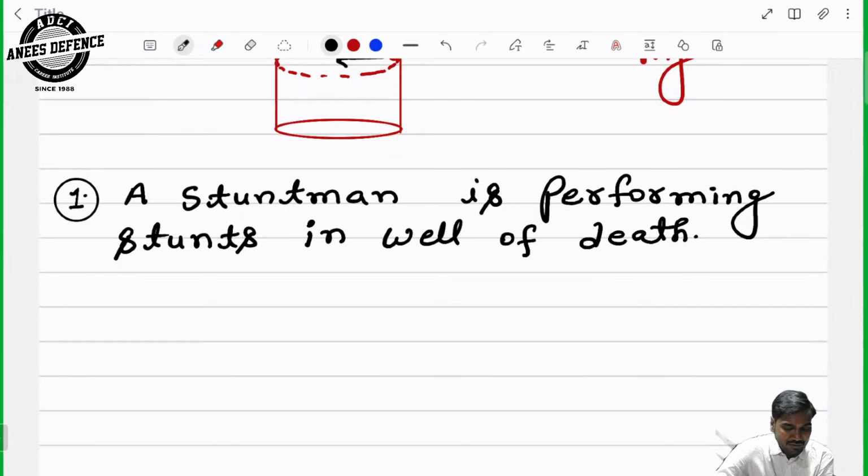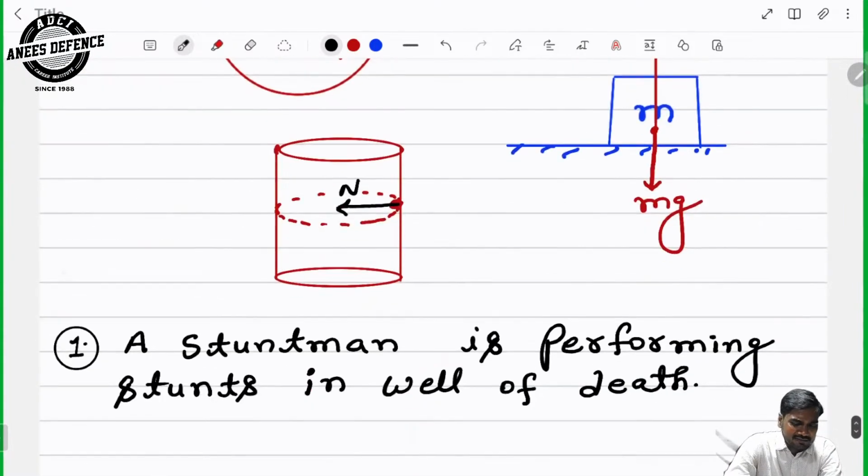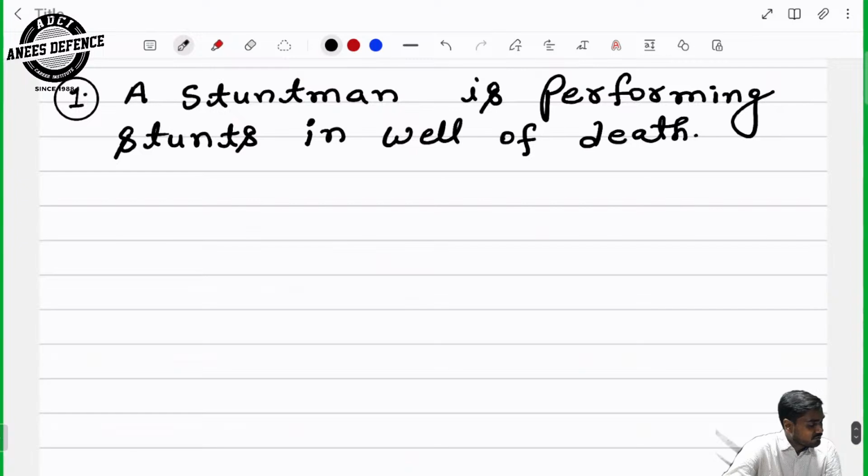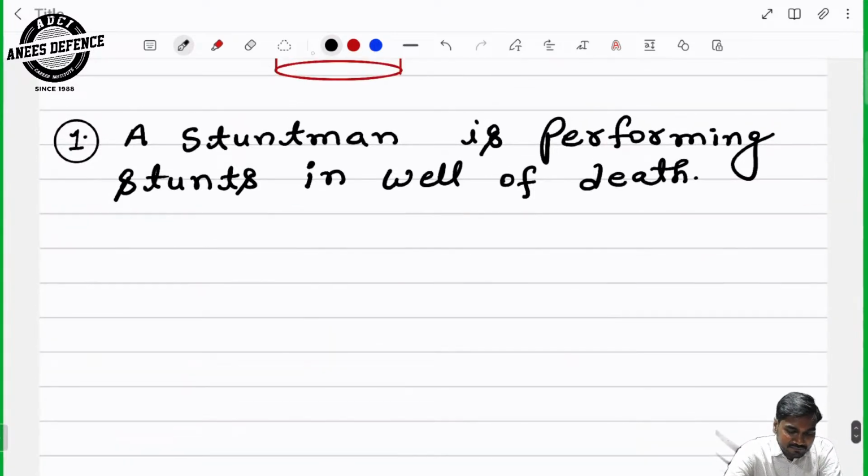So that is known as the well of death. We have to calculate the minimum velocity with which a stuntman can make a circular path. Yes or no? Yes. So how can you calculate? Listen, I am giving you two tricks.